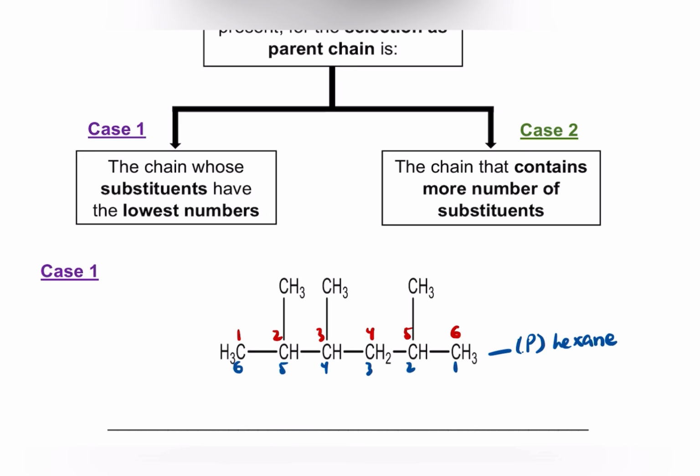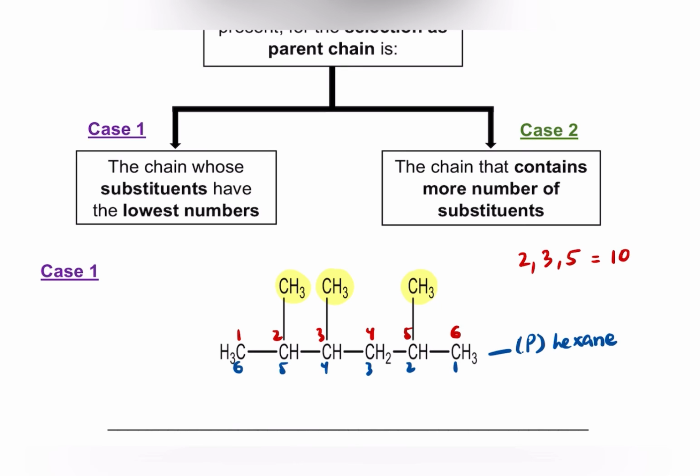Now I'm going to determine which numbering I'm going to choose for my substituents. There are 3 of them, 1, 2, and 3. So let's go to the red color first. Red color at carbon number 2, 3, and 5, so the total will be 10.